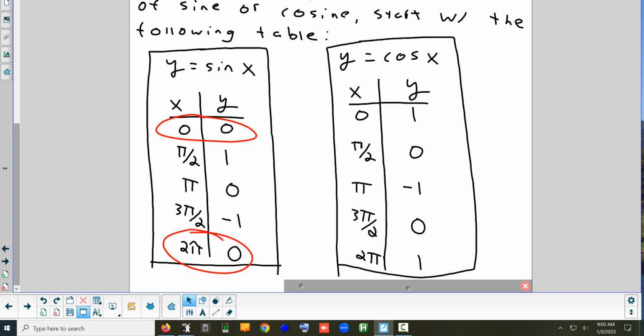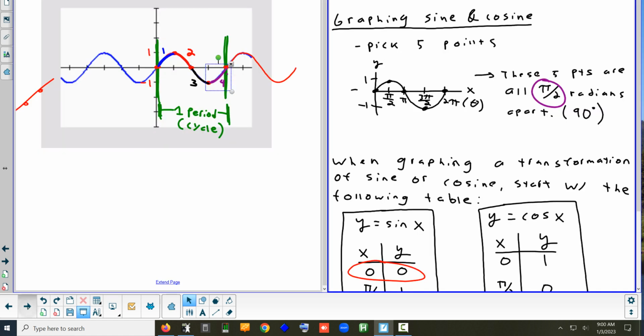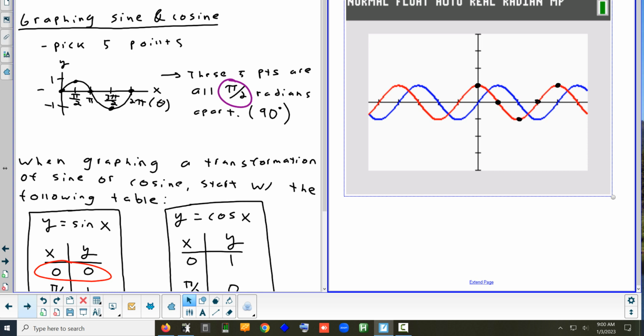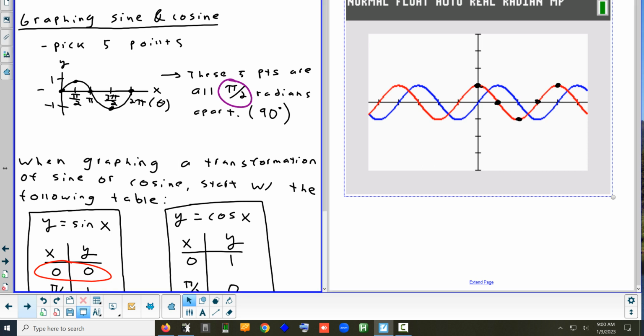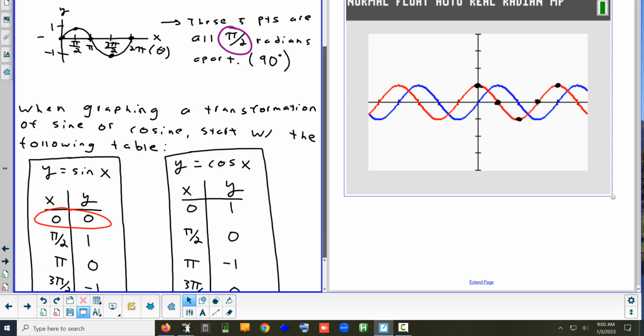I'm sorry, I don't know why I said it the other way. So it starts at 1, down to 0. The lowest it goes is negative 1, then back up to 0, and then all the way up to 1.